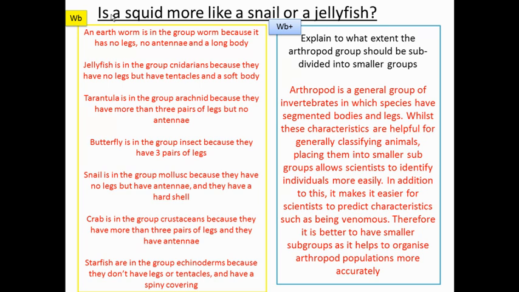So in addition to this, it makes it easier for scientists to predict characteristics such as being venomous. Therefore, it's better to have smaller subgroups as it helps to organise arthropod populations more accurately. Okay, so if you missed anything out there, not a problem, just add it in quickly in some green pen.